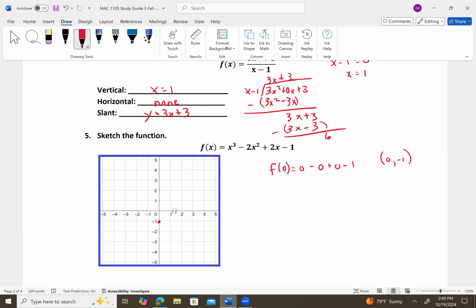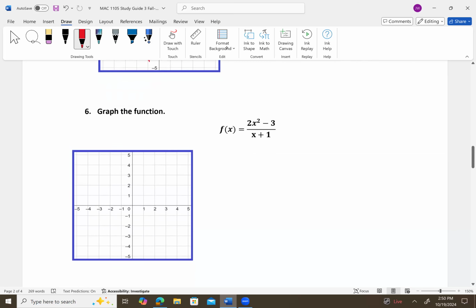And then I can find a zero using my calculator, and I'll find the point (1, 0) is where it crosses the x-axis. I put this in my calculator anyway, and I get a general shape like this. That's all I need.